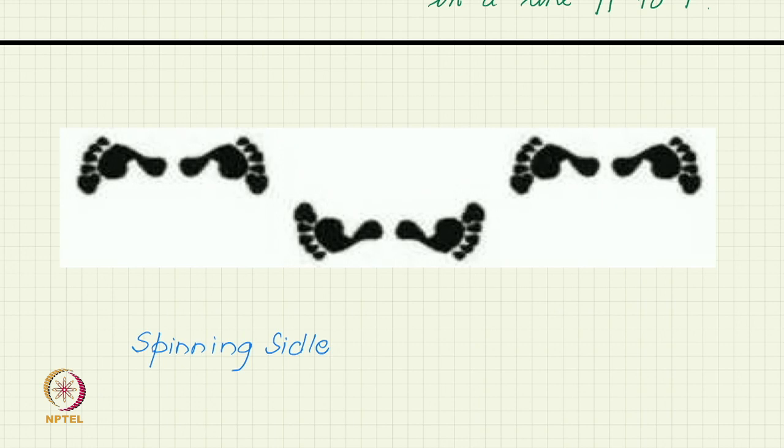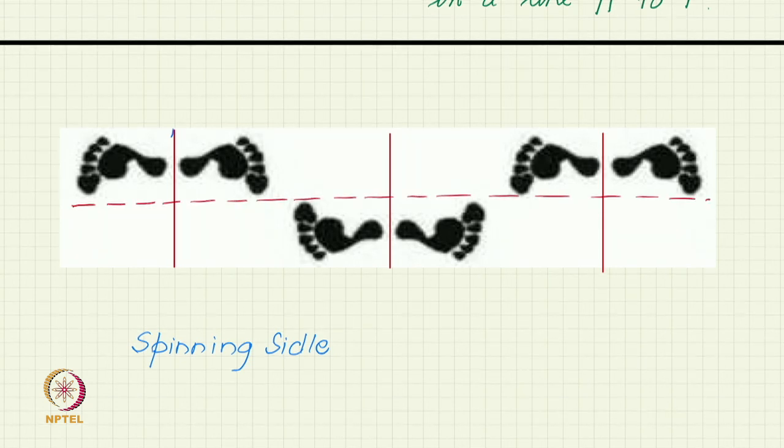So, if you look at this pattern now, you see these are the vertical mirrors. This is the horizontal glide, and then these are the two folds between the mirror planes.